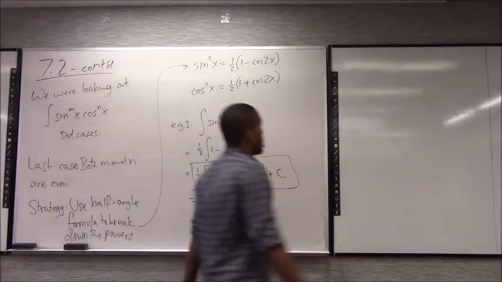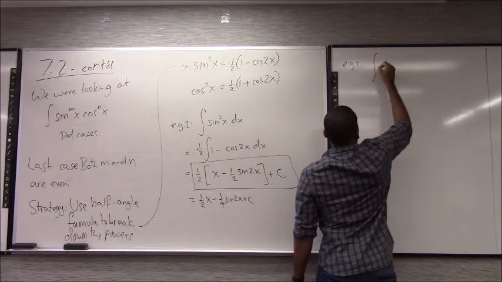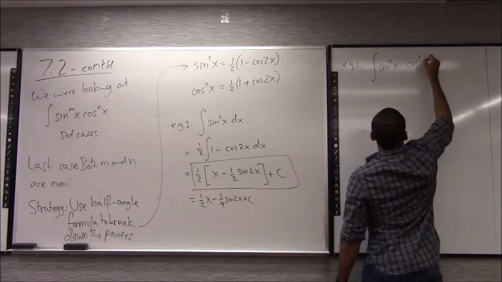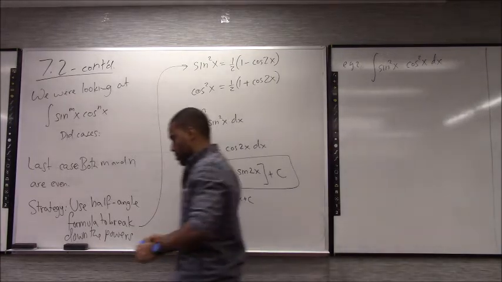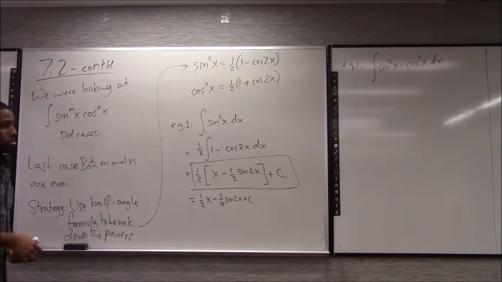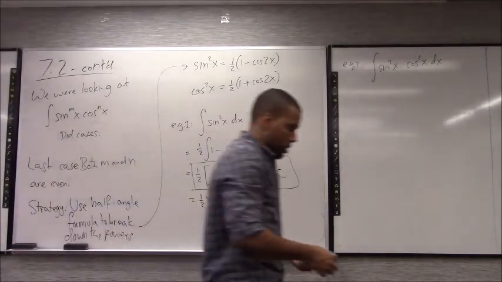Let's say we had two of them, sine squared x cosine squared x. We actually have a couple options here.